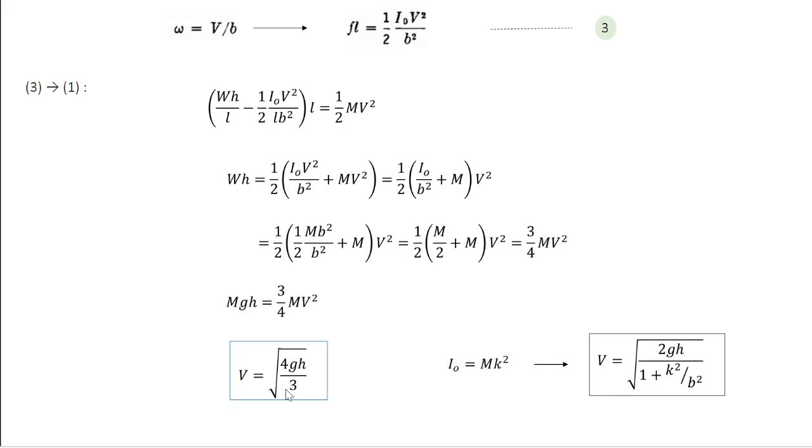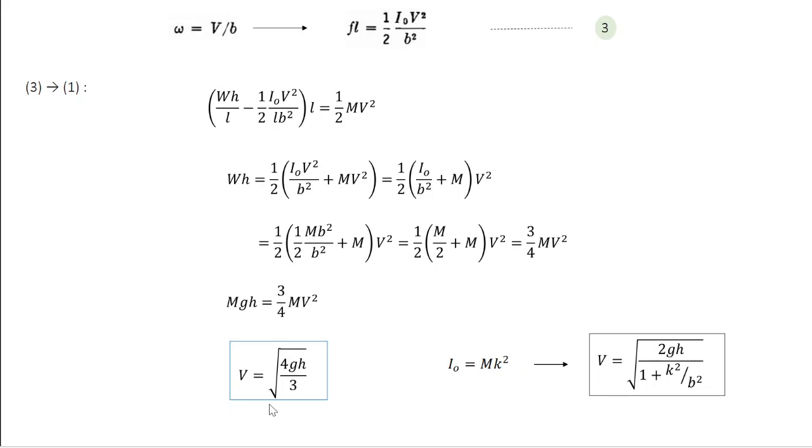Now if you want a general equation for any object rolling down the plane, we know that half mb square is the moment of inertia specific for a drum, right? So instead of writing this specific equation, I can write the general equation for moment of inertia, I naught equal to mk square, where k is the radius of gyration.